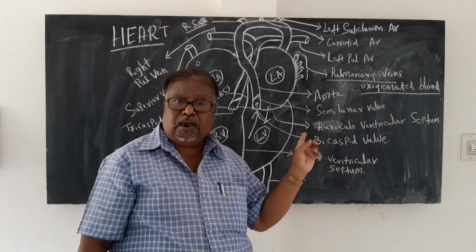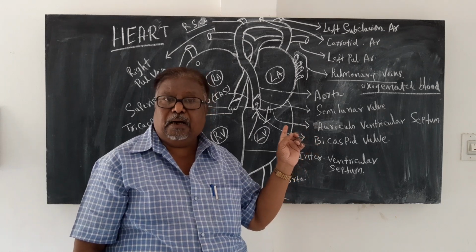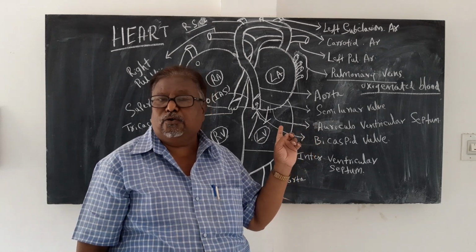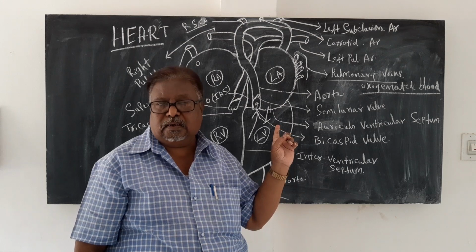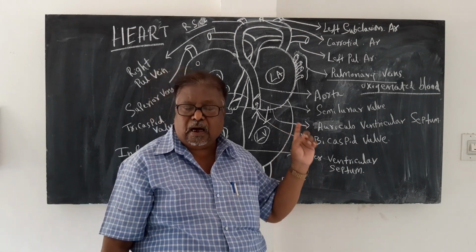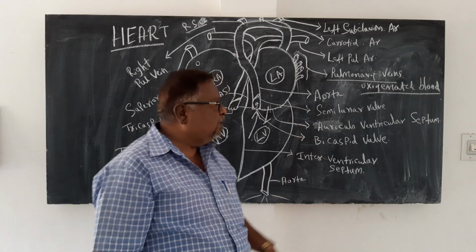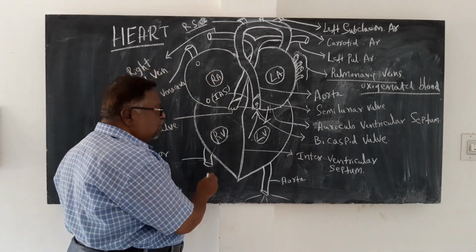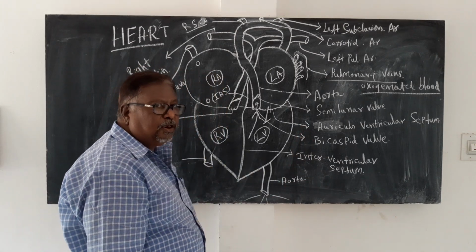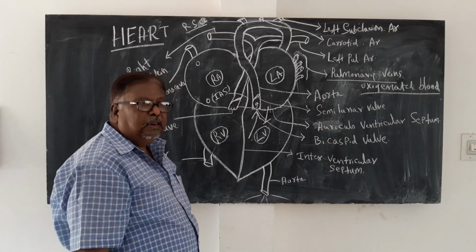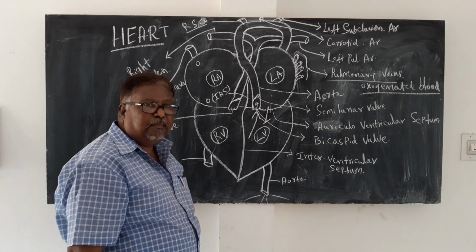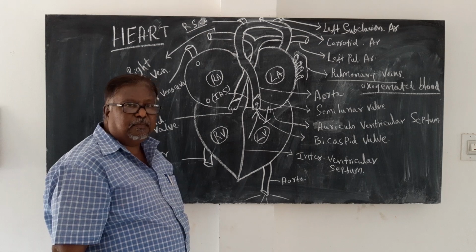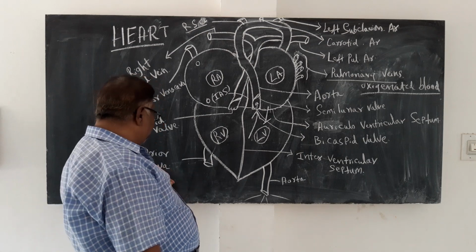So for the purification, the blood should be collected and brought to the heart, for the pumping purpose. Now, in the posterior portion of the body, the deoxygenated blood or the venous blood is collected by the inferior vena cava.